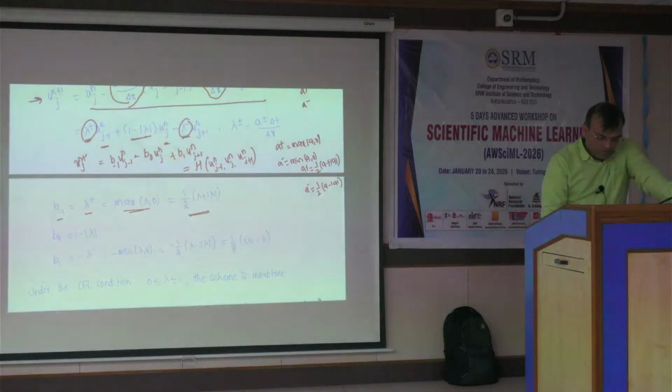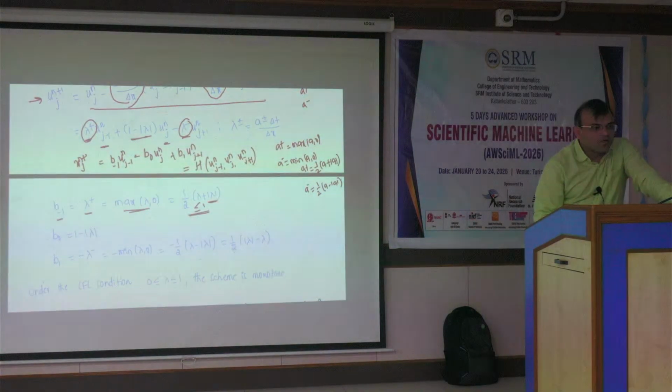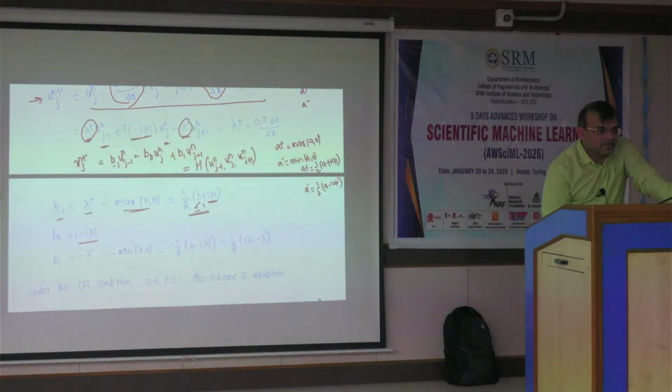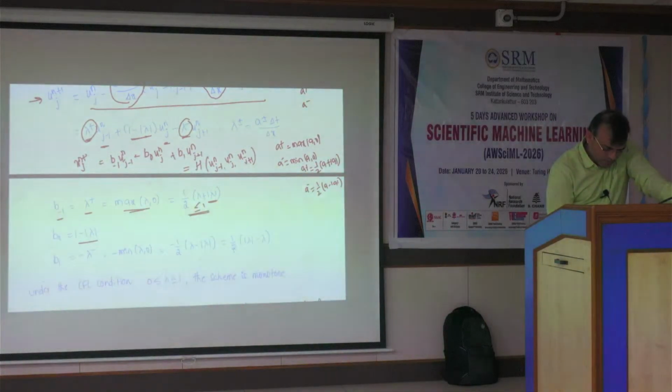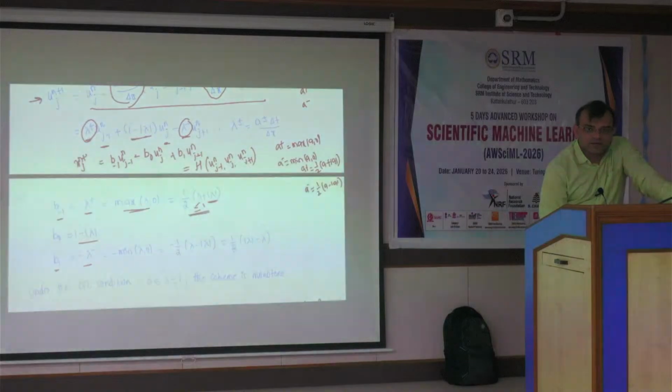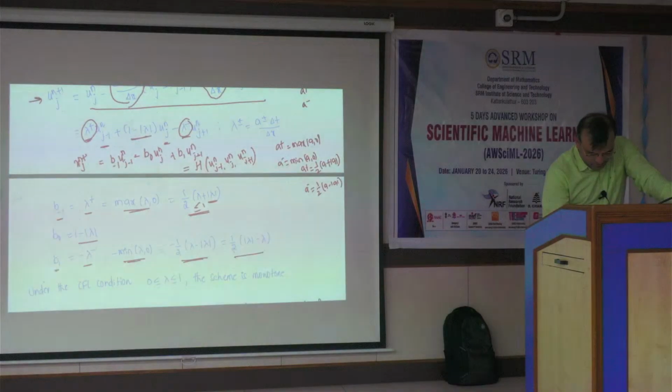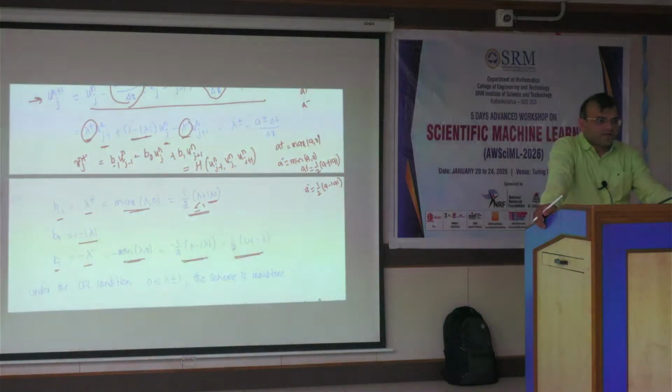Obviously, lambda is always bounded by 1, so this quantity is a positive quantity. And b_0 is 1 minus modulus lambda, so this is also a positive quantity as long as lambda is not equal to 1. And b_1 is minus lambda minus, which you can write as minus of the minimum of lambda and 0, then this is minus of (lambda minus modulus lambda), so you can write it as 1/2 into (modulus lambda minus lambda).